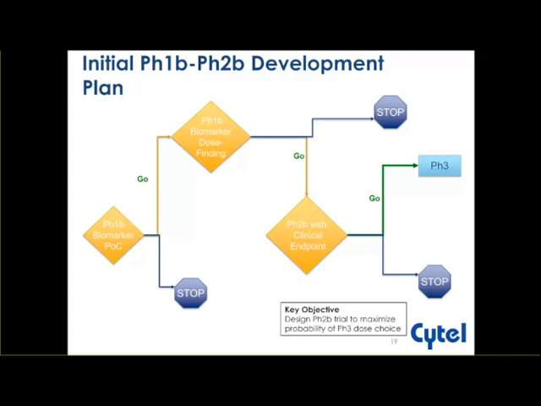Now, here is the way that we approach this through a program design simulation. It includes simulating, first of all, clinical trials themselves. So in each one of those steps, you're actually simulating clinical trials.